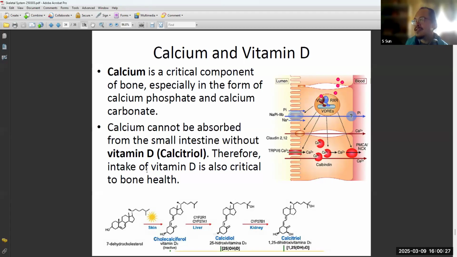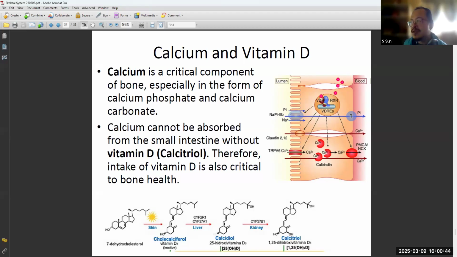What I'm showing you here is your intestine, your gut. When you take calcium, it comes into your stomach and intestine, and it needs to be absorbed into your body.